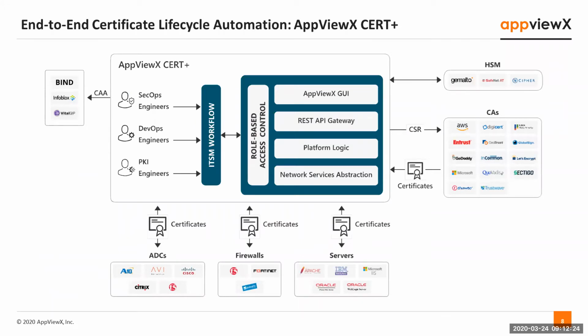So with that, describing the end-to-end certificate lifecycle management and automation that the AppViewX CERT Plus platform can provide, this diagram is meant to illustrate how all of this infrastructure can be integrated, and through the AppViewX platform and its role-based access control structure, allow for this self-service catalog and continuous CI/CD pipeline functionality to work.